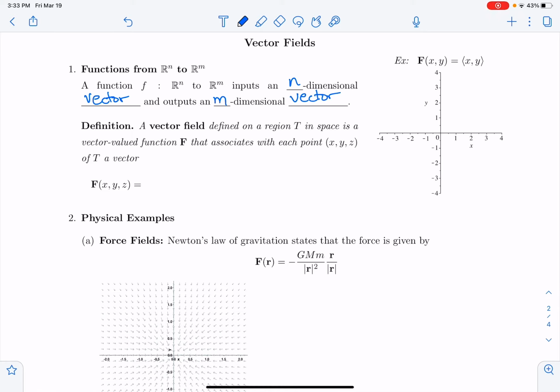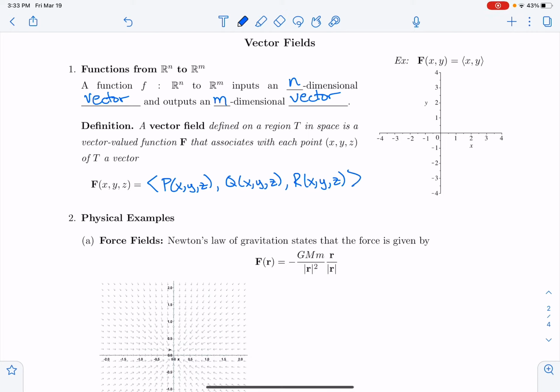Specifically, we want to look at an example of a vector field defined on a region T in space where f associates with each point x, y, and z a vector, and that vector will often be written as p of x, y, and z, q of x, y, and z, and then r of x, y, and z.